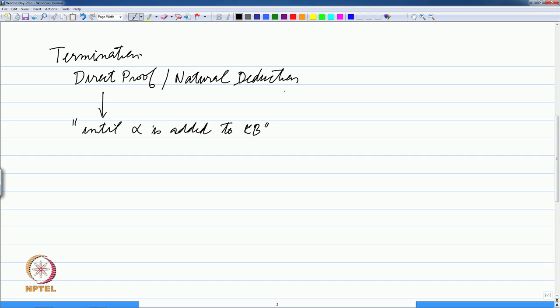This name is also attributed to a logician called Gentzen, and in fact there is a whole way of proving things known as Gentzen systems, which are basically natural deduction systems. In Gentzen systems we essentially have a proof tree where the leaves are what is given to you.